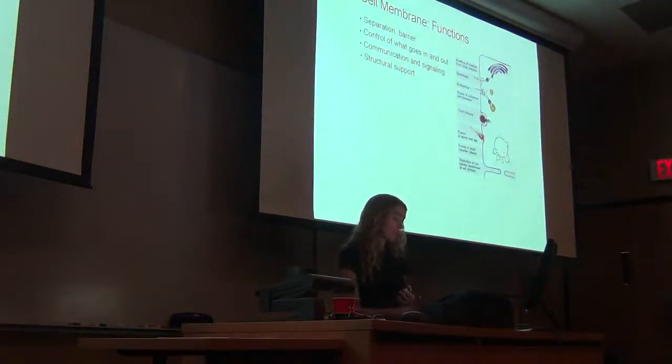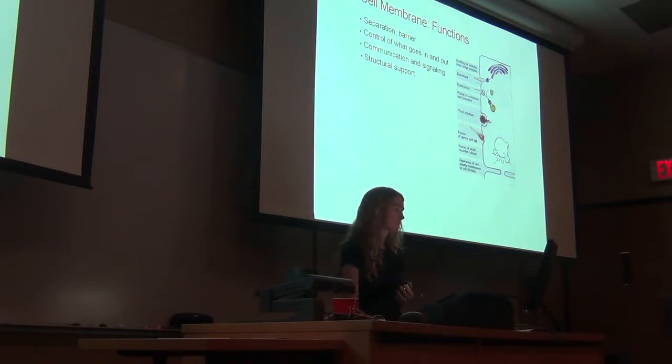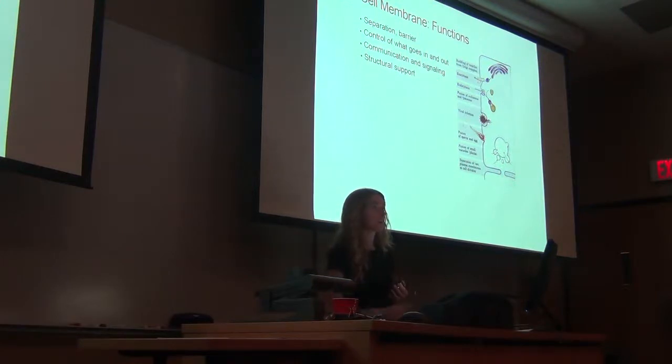We're going to be talking about a few functions of cell membranes today. Primarily, we're going to focus on the idea that they are separation barriers. They're controlling substances that flow in and out of cells. There are a whole variety of other roles that we could get into, but won't really focus on in this course.